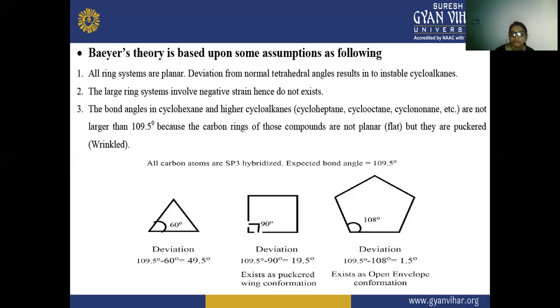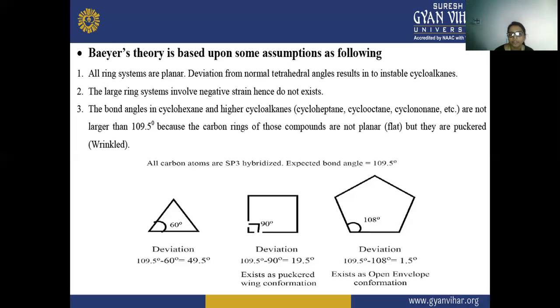So if there is any deviation in the normal tetrahedral angle, that is, the ideal angle of 109.5 degrees, then it causes unstable cycloalkanes.